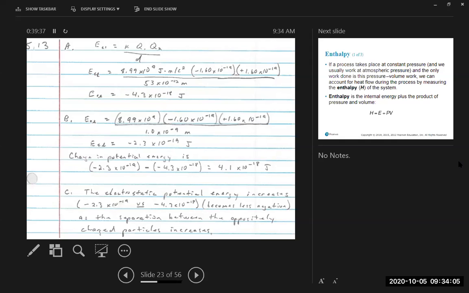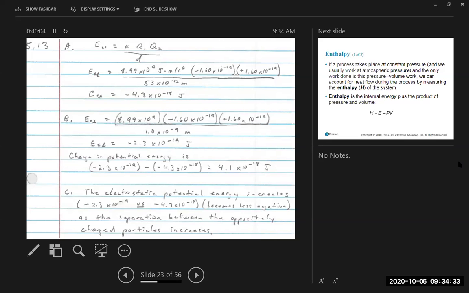So the 8.99 times 10 to the 9th, that's a constant. That's something you would be given in a homework problem or in a test problem. The charges for this are typically around this 10 to the minus 19. The negative 1.6, that's probably an electron. The positive 1.6 is probably a proton, would be my guess. And that kind of information you're usually given too.